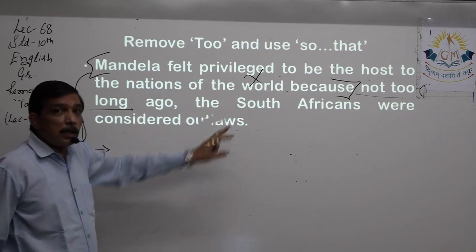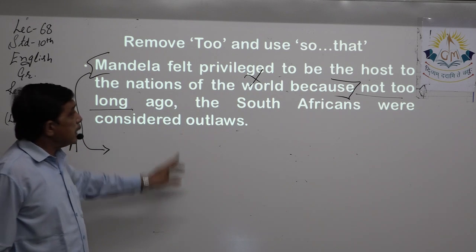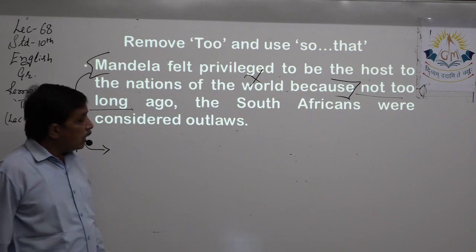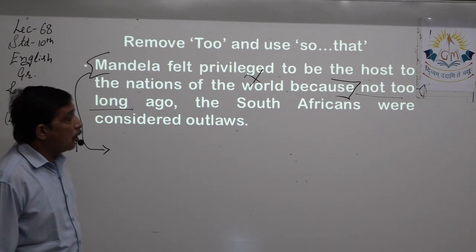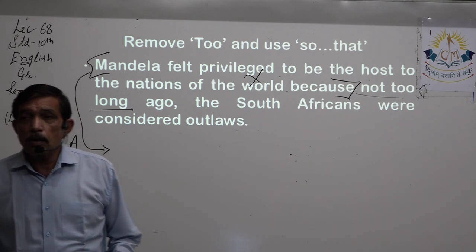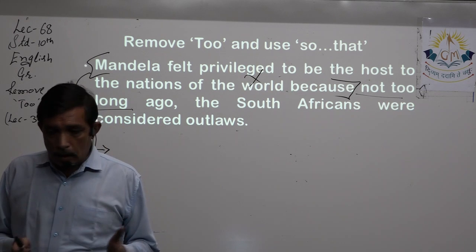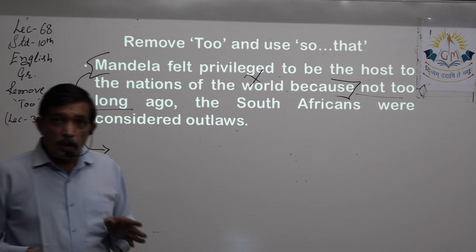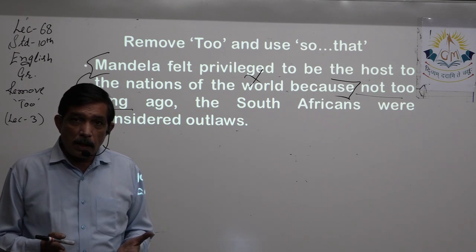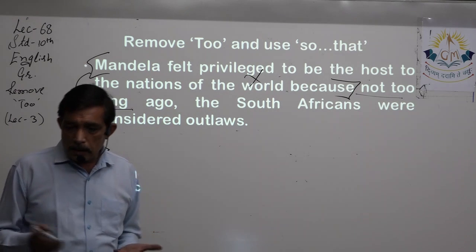We don't have to do anything, but of course we have to write the sentence down till because, and write it as it is. Now, not too long. Not too long is short. Not too long is short, right? Not also got removed, so that also came, and the negation went, right?